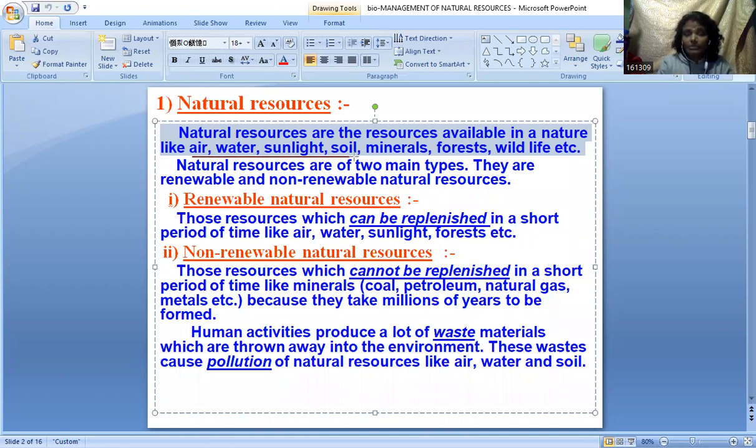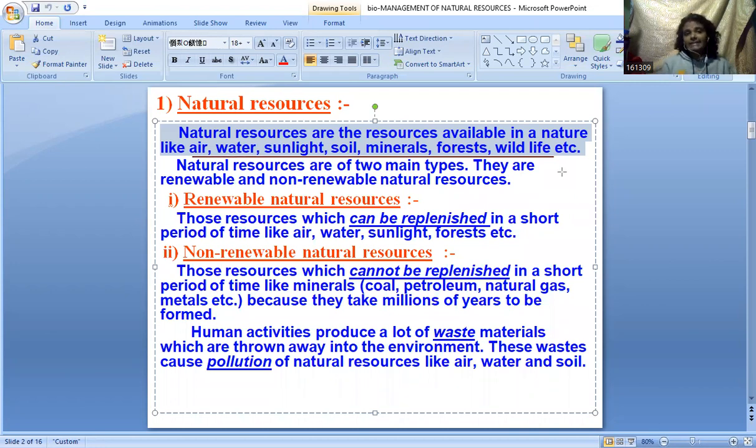Soil, on which we live, which is present on land. Minerals, like coal, petroleum, natural gas, which are used by us in different objects and materials in our life. Forest, where wildlife and plants are present, and of course wildlife itself. We are going to learn all of this one by one in short in this chapter.